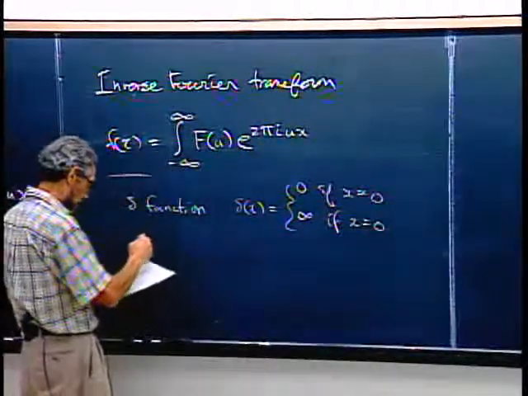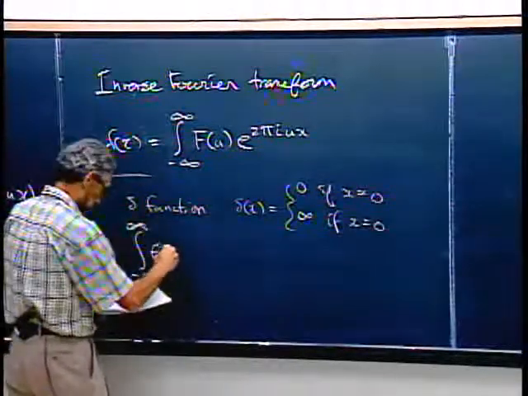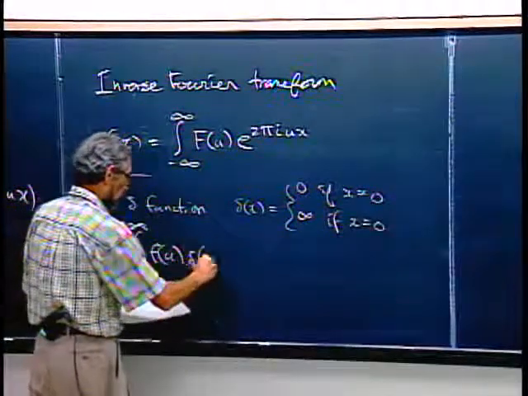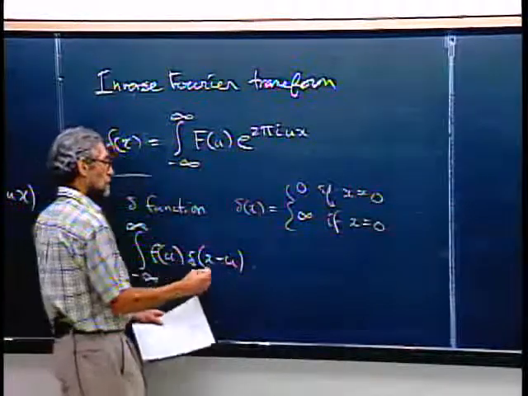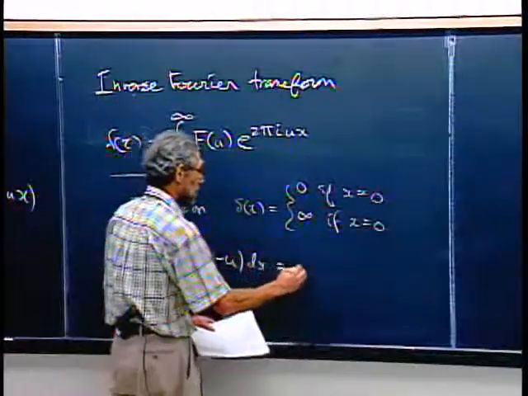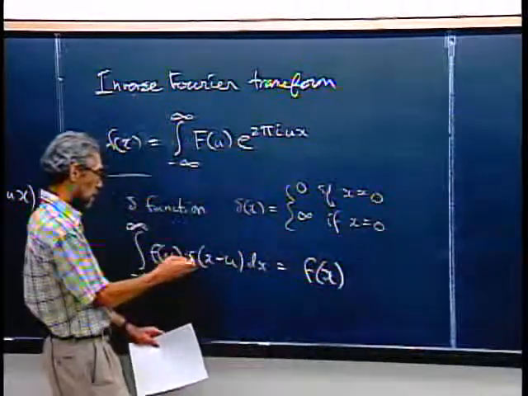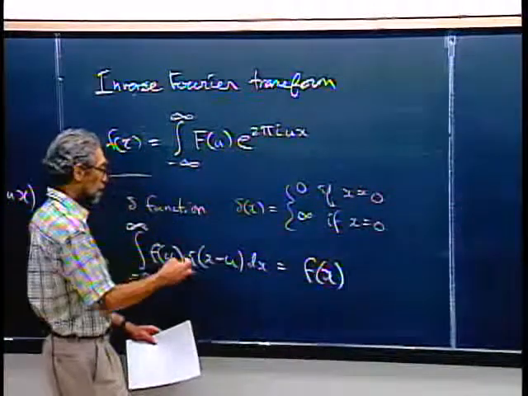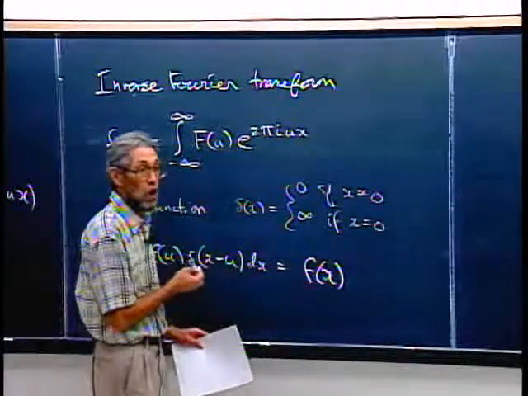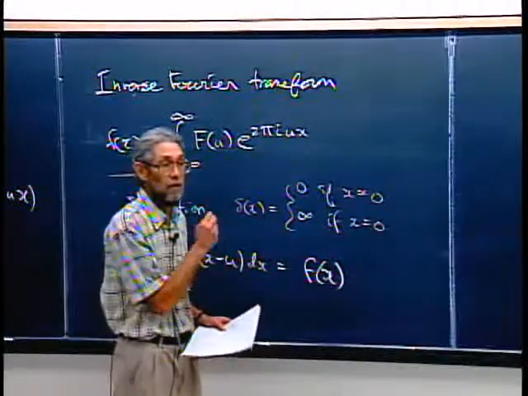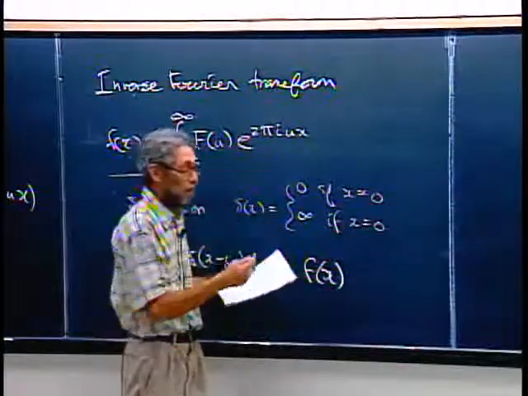Exactly, the definition really says that if you integrate it with respect to any function, delta x minus u then is going to be 0 unless x equals u, and otherwise it's going to be infinite. But the real thing is it's just infinite enough to make this come back to be f of x, the one place where this quantity isn't 0. So basically its integral should add up to 1, even though it's non-zero only at one point. You think of it as sort of a limit of steeper and steeper, narrower and narrower bumps.